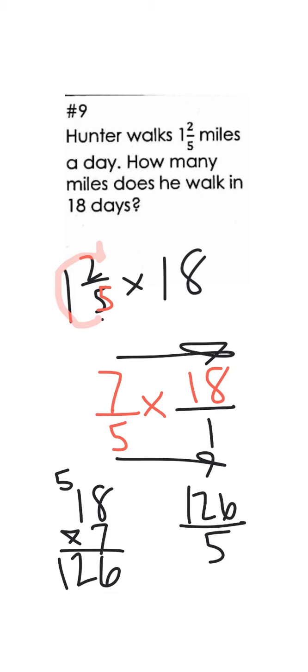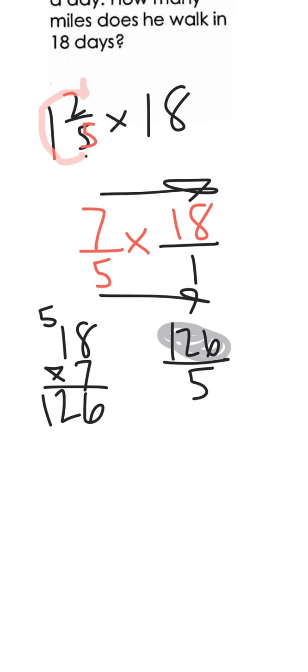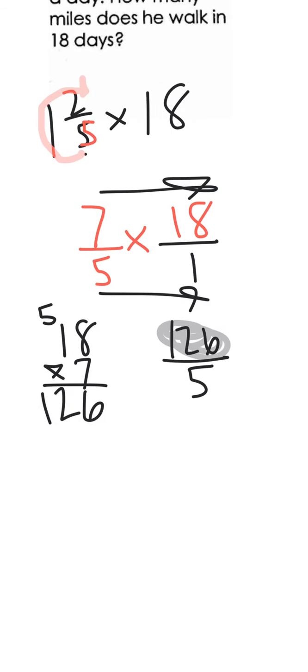Now, we can't leave our number like this because we don't want to leave it as an improper fraction. Our number on top is too big, right? It's bigger than the bottom number, our denominator. So that means we need to turn that back into a mixed number. The way to do that is, just think of In-N-Out, one of our favorite food places, right?